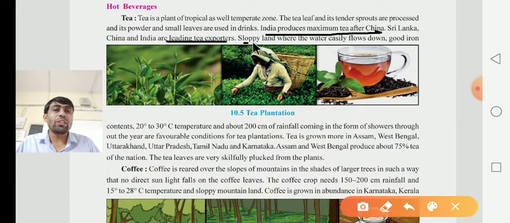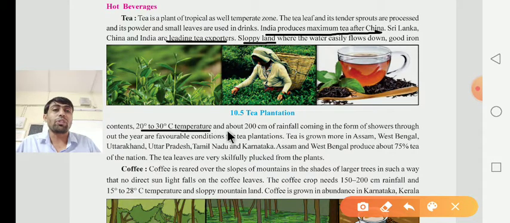Sloping lands. Which land? Sloping lands, it means thoda wadi jami, where the water easily flows down, with good iron content, and it requires 20 to 30 degrees Celsius temperature. How much temperature is required for tea? 20 to 30 degrees Celsius.